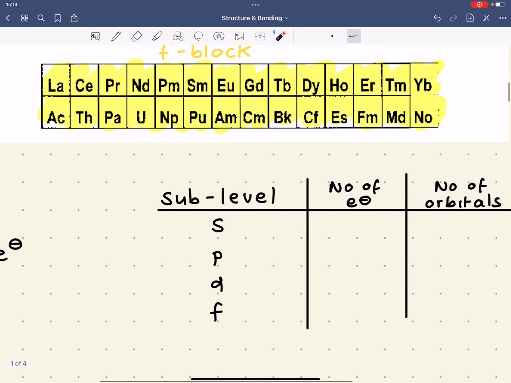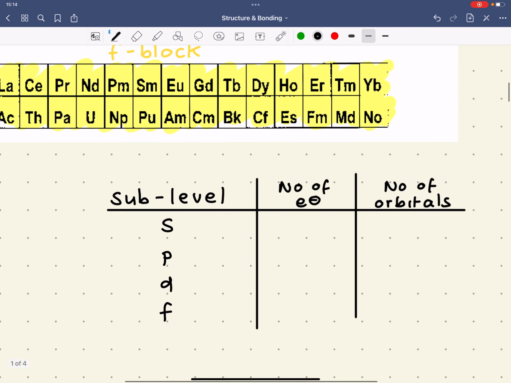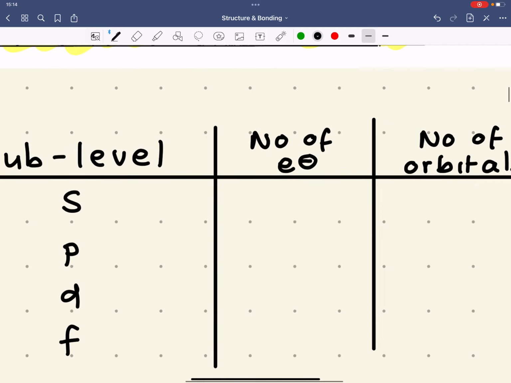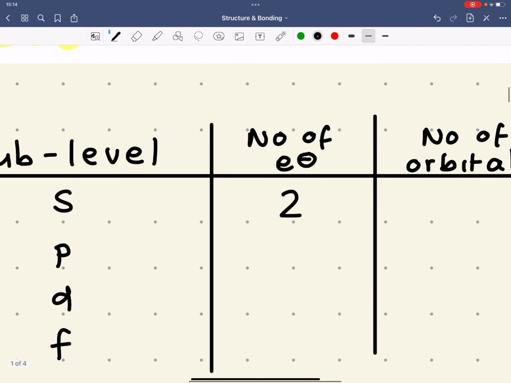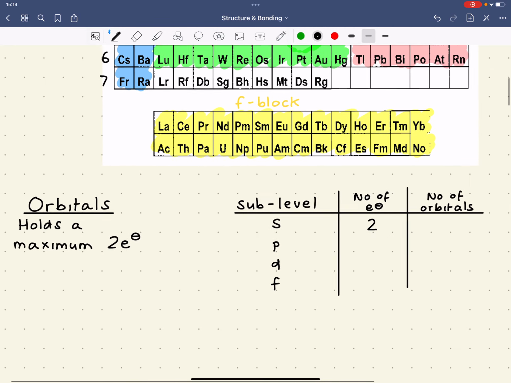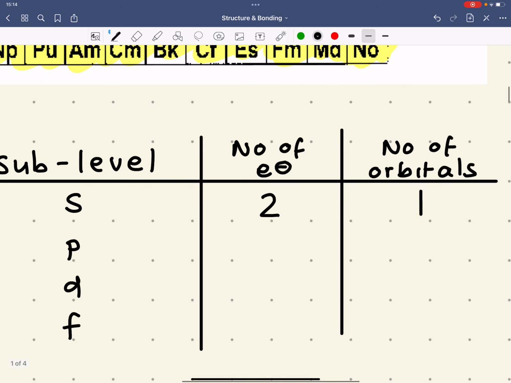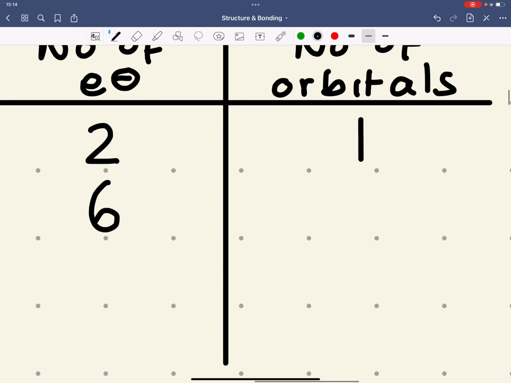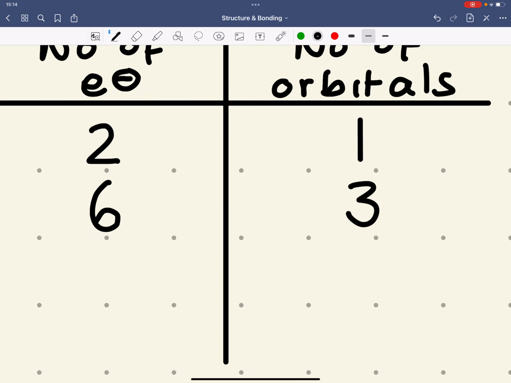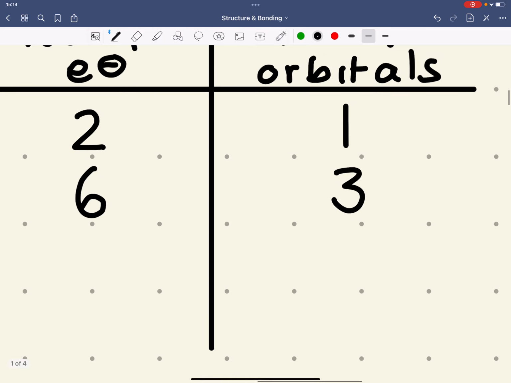If that's the case, we can fill this table in. The S sublevel we know has got 2 electrons. If each orbital can hold a maximum of 2 electrons, there must be one S orbital. The P sublevel can hold 6 electrons. If each orbital can hold 2 electrons, there must be a total of 3 p orbitals. 3 times 2 is 6.